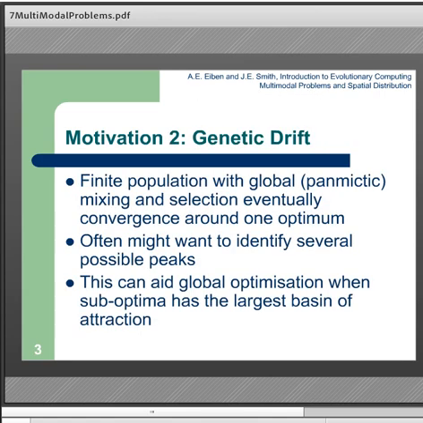We explained about a multimodal problem and some solutions for this problem. One of the problems is related to genetic drift.